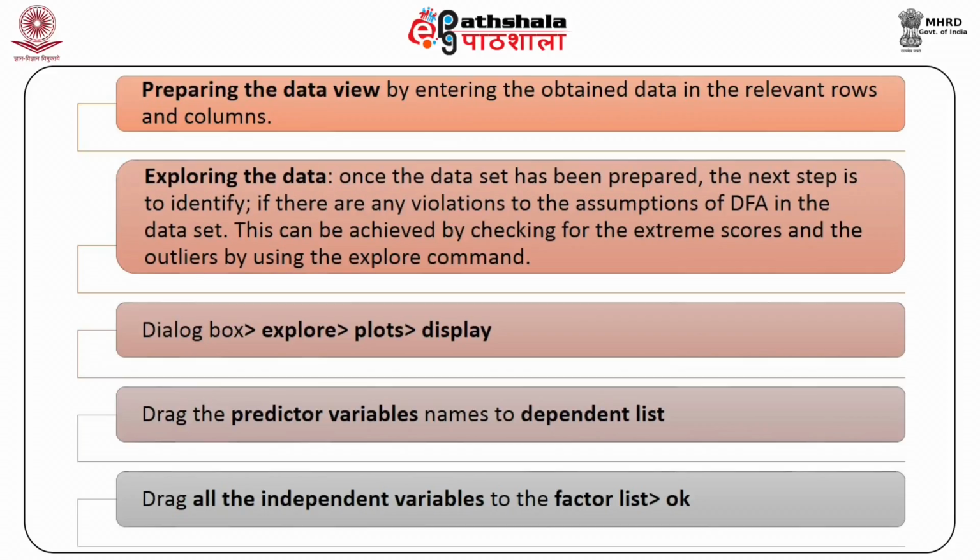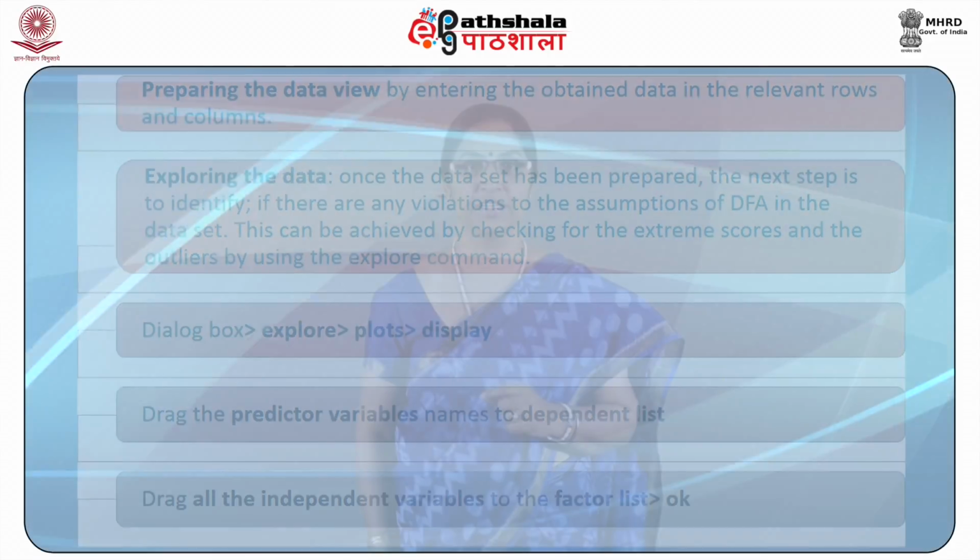So you go to the dialog box, click on explore, go to plot, display, drag the predictor variables' names to the dependent list and all the independent variables. Remember those 10 scholastic and non-scholastic subjects we had chosen? Drag them to the factor list and click OK. Study the resulting box plots.